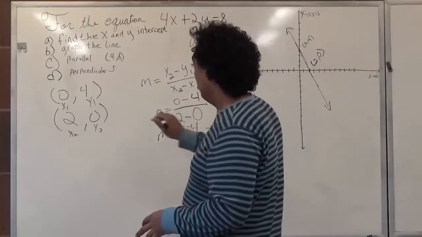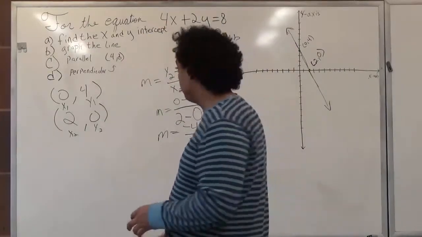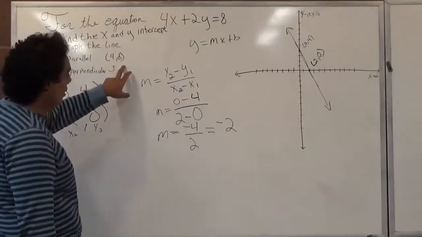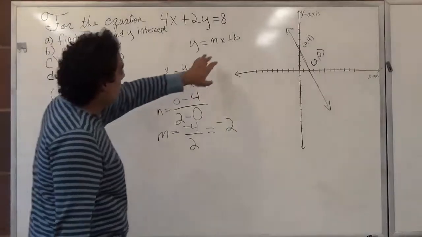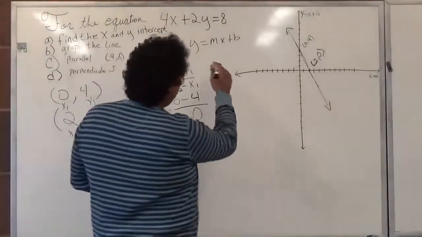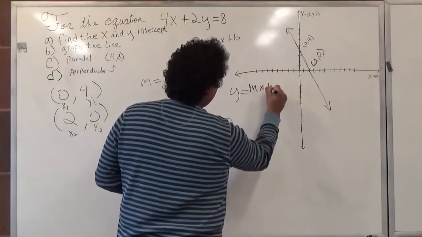With that, we can find a line that's parallel with this, that passes through this point. And to do that, we're going to use our slope-intercept form equation, y equals mx plus b.